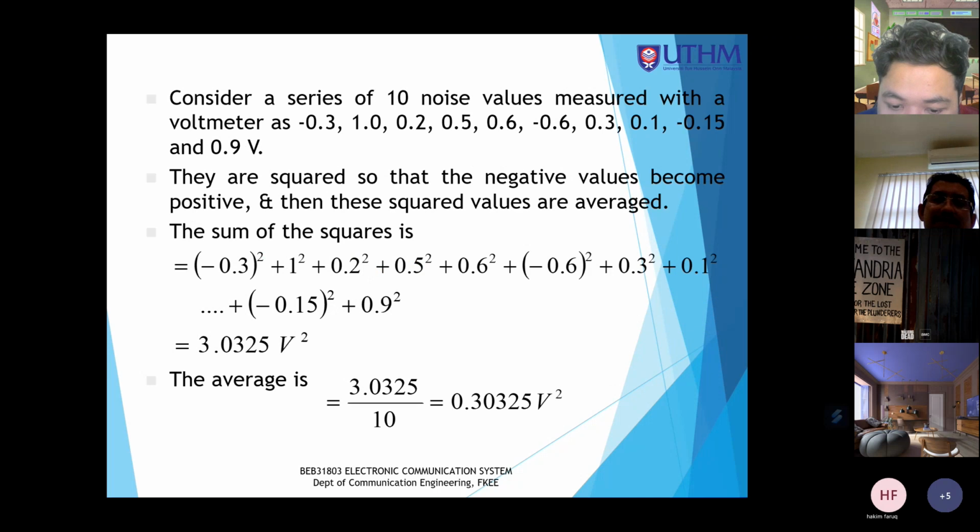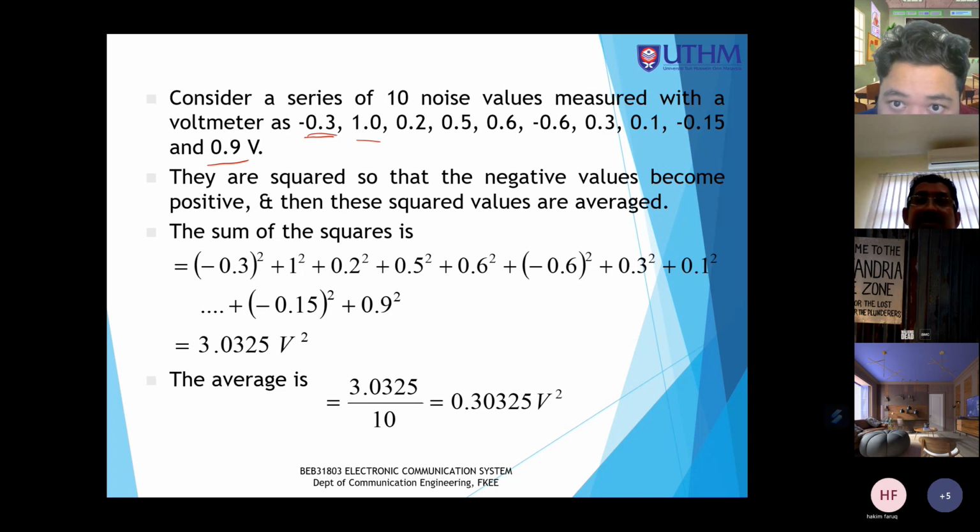Consider a series of 10 noise values in terms of voltage that you measure using a voltmeter. You produce 0.3 volt, minus 0.3 volt, 1 volt, until 0.9 volt. You repeat the measurement 10 times at different times.